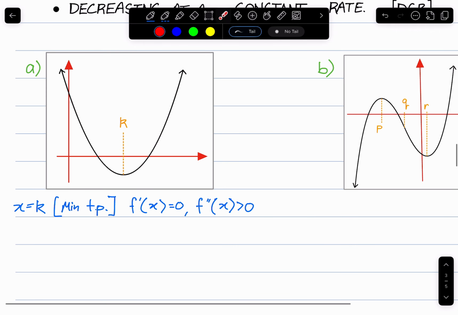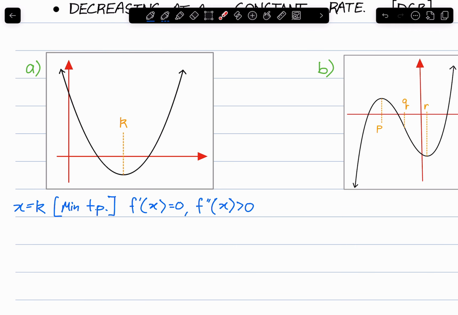Now let's think about the descriptors that we've just seen here. Let's take a close look. To the left of this minimum turning point, let's look at the behavior of the graph as we read it from left to right. Any tangents we place here will be negative tangents, so it's decreasing.